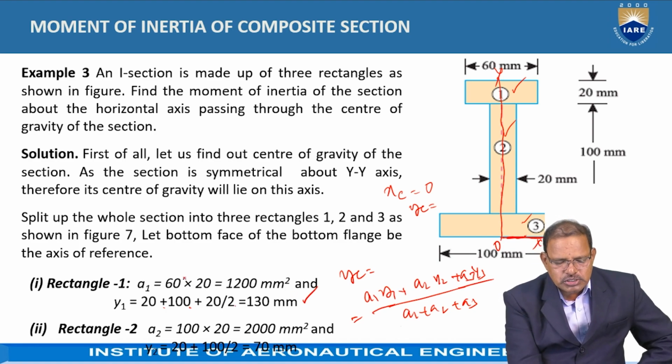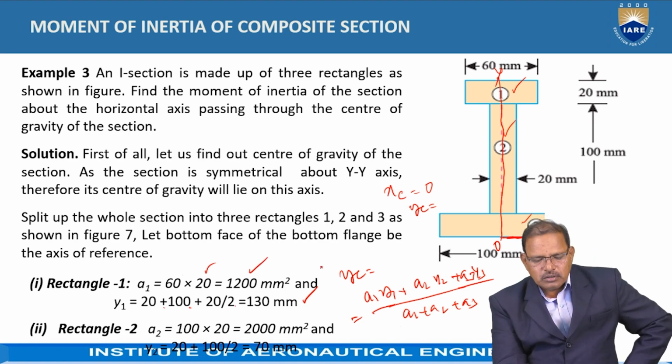Area of the first rectangle is 60 into 20, equal to 1200 mm square.